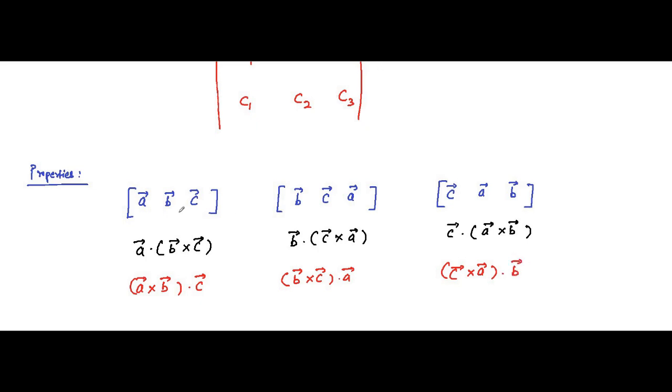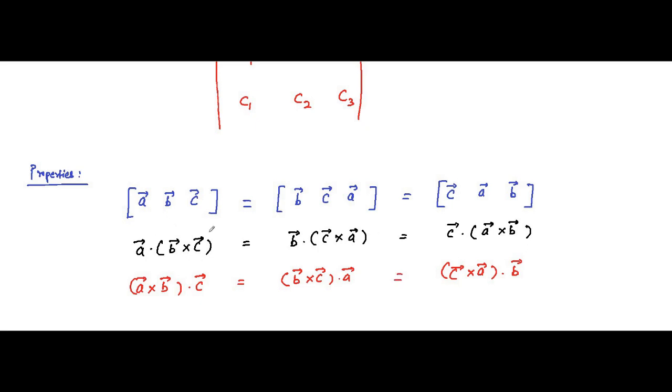So when the cyclic order of the vectors remains unchanged, this is the cyclic form ABC, BCA, CAB, in that case the scalar triple product value also remains unchanged. It means scalar triple product of ABC is equal to BCA and is equal to CAB, and here also the same.